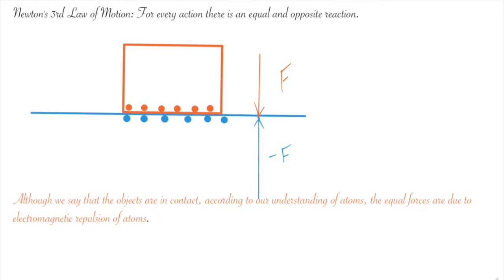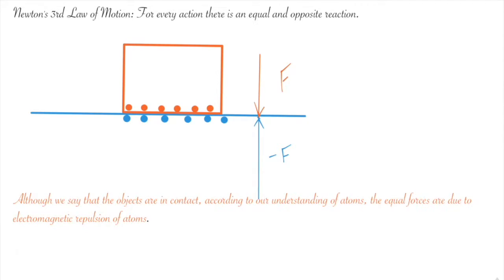Now this is different from the force of gravity on the box, because the force of gravity on the box is equal to the force of the box on gravity. That's really a hard concept for me even now to grasp, and that's that the force the Earth exerts on us is the equal and opposite of the force that we exert on the Earth.